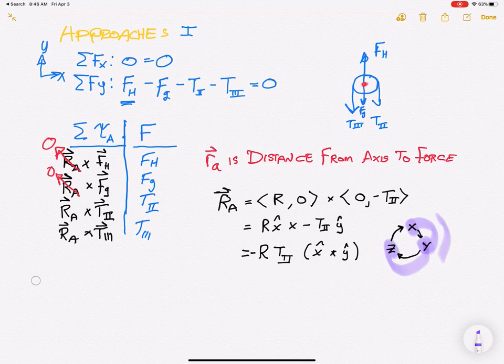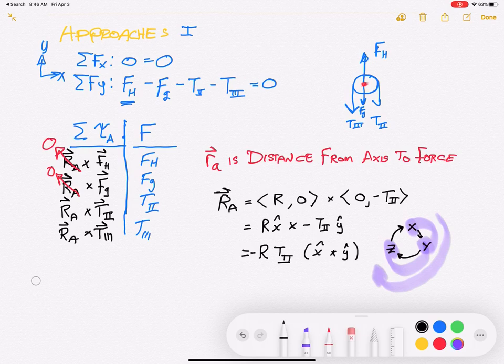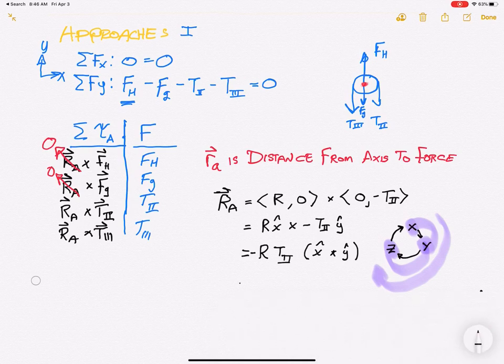And I did it in this direction. So, let me get a pen. I know that negative R T2, and that's just going to be z hat on the inside.